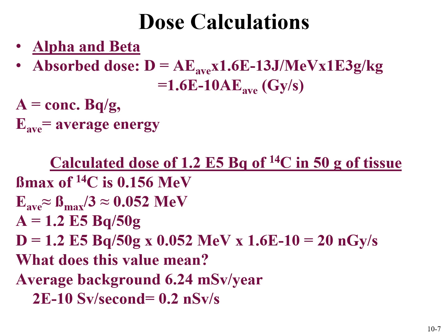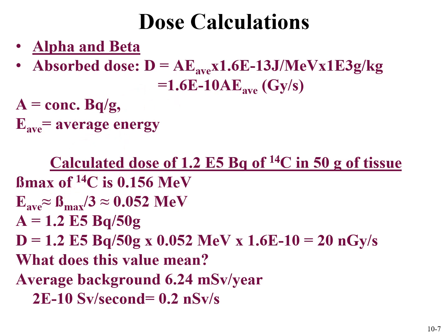If one wants to use the dose in grays per second, this equation transforms to a very simple equation where you get 1.6 times 10 to the minus 10, A, which is the concentration in becquerels per gram, times E, which is the average energy. This equation is for alpha and beta. For alpha, the average energy can be the energy of the decay, whereas for beta, since we have a range of energies, we actually use 1/3 of the beta max as the average energy.